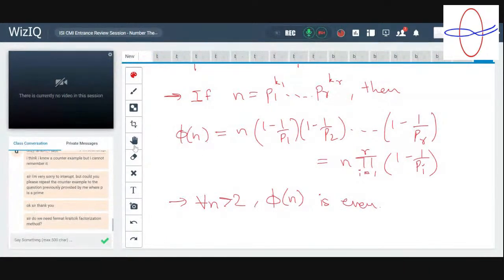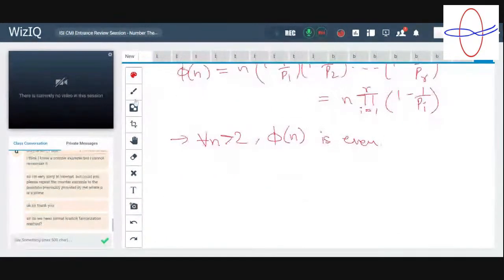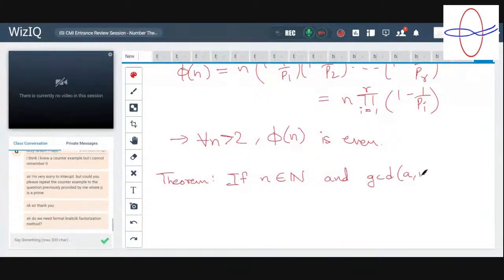And now you have a generalization of Fermat's little theorem as well. So a theorem: if you have a natural number n and some a such that GCD of a and n is 1, then a to the power phi of n is congruent to 1 mod n.